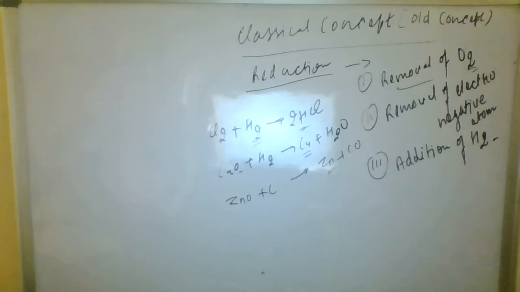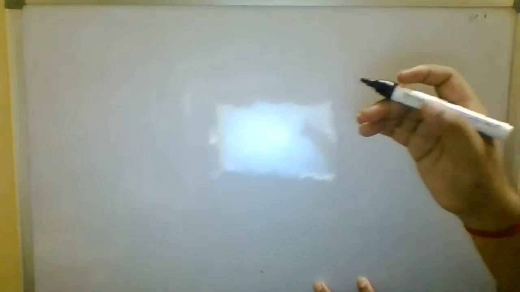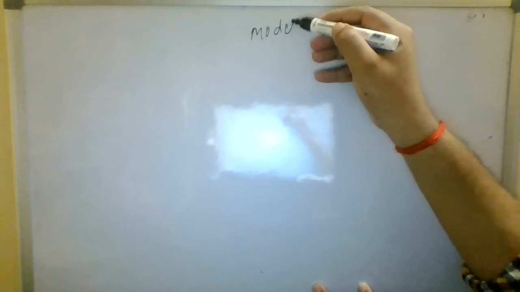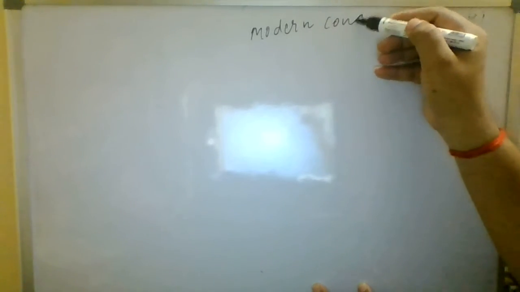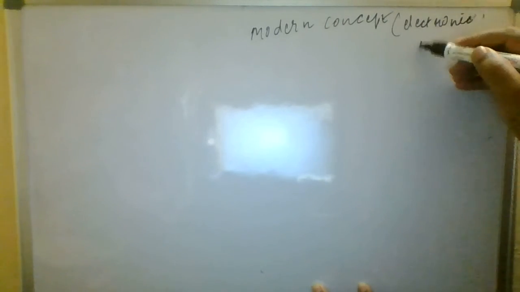Now we can go with the modern concept, also known as the electronic concept. Let us understand the redox reaction with the help of the modern concept, the electronic concept.